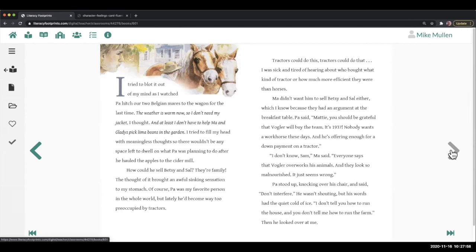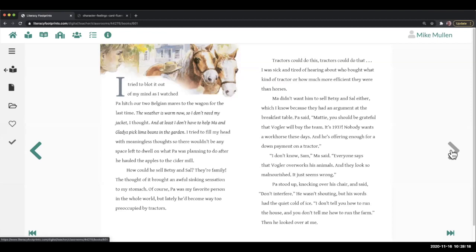I tried to fill my head with meaningless thoughts so there wouldn't be any space left to dwell on what Pa was planning to do after he hauled the apples to the cider mill. How could he sell Betsy and Sal, their family? The thought of it brought an awful sinking sensation to my stomach.